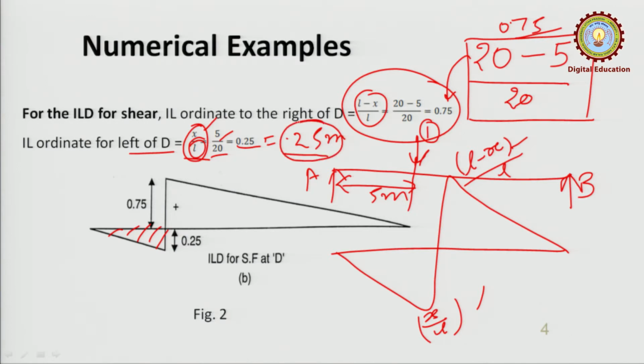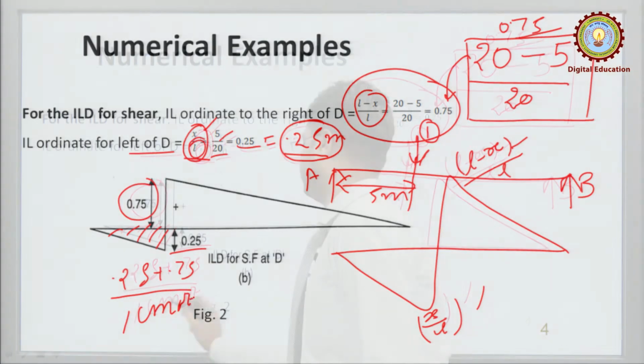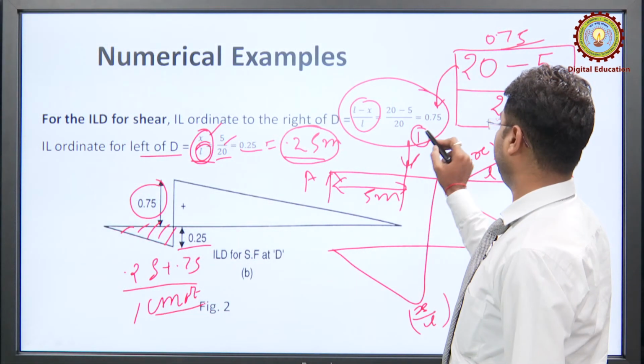The ordinate is 0.25 and the other ordinate will be 0.75. Now you can say the sum of the ordinates, 0.25 plus 0.75, is equal to 1 unit, which is equal to 1 unit of load.